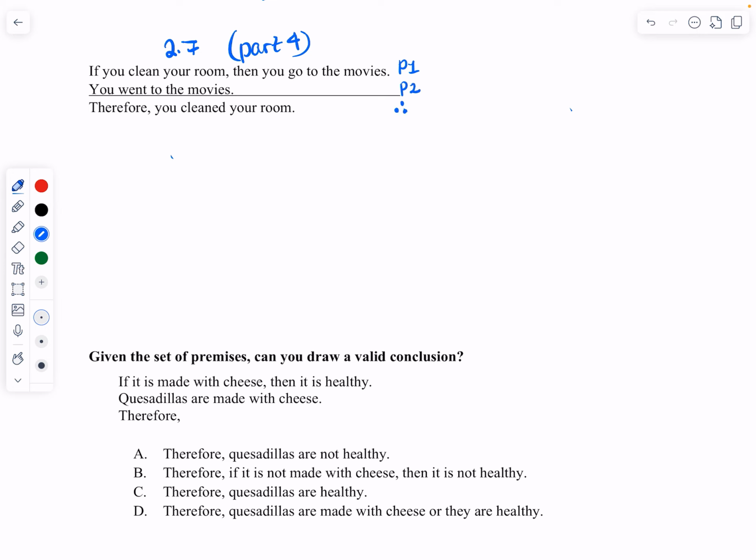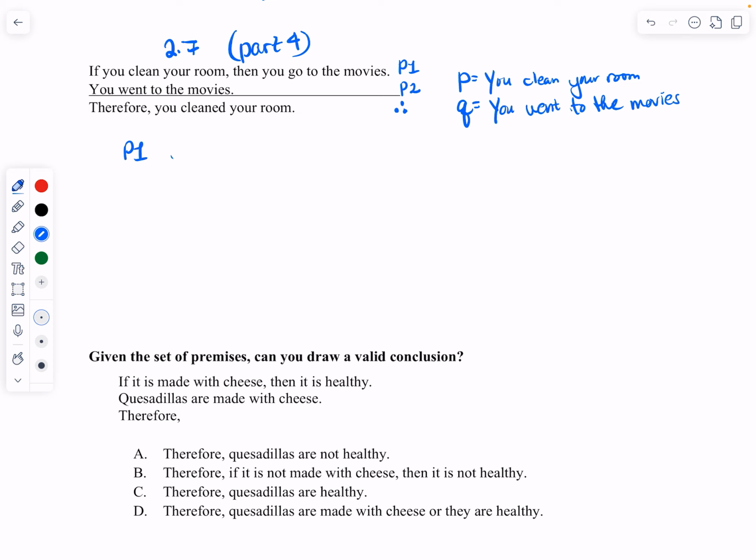So we have two things going on here. P, which I'm going to let equal you clean your room. And then Q is going to be you went to the movies. Okay, so let's translate the sentences into symbols, what I meant to say.